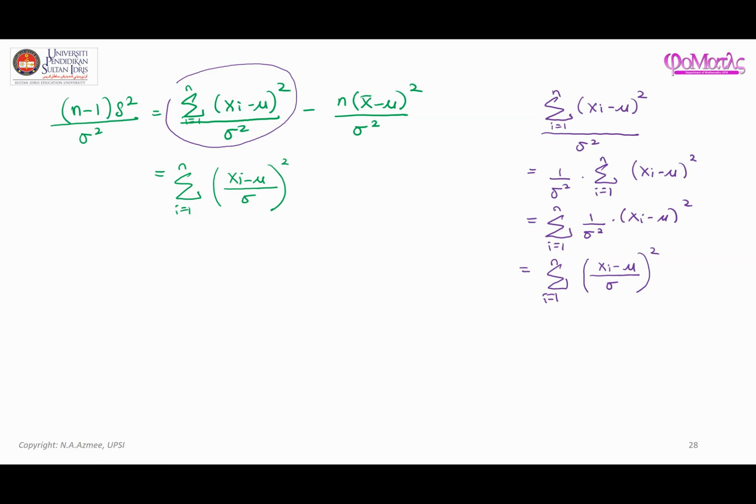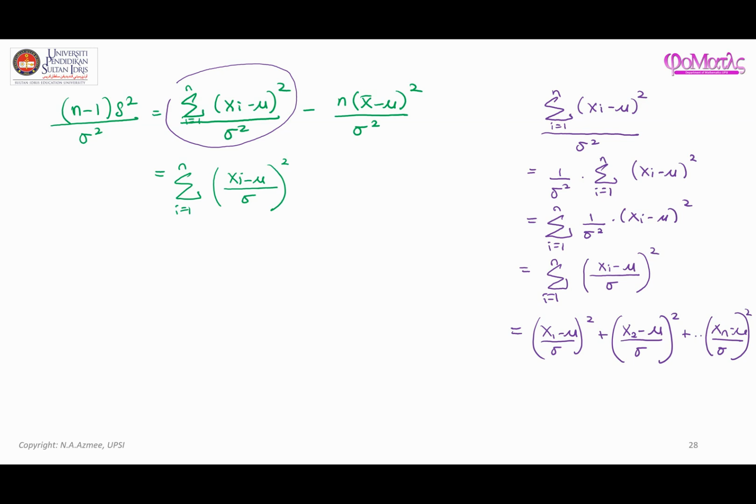Let me go and further explain what's going on. So what is the process all about? The process here can be written as, well, we have x1 minus mu over sigma, I square it, plus x2 minus mu over sigma, I square it, plus, and you keep on doing it until the nth variable. Okay, so that's the process.